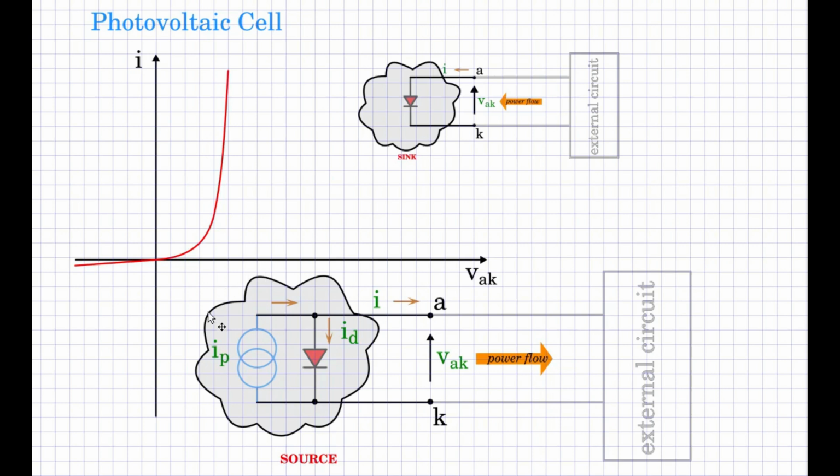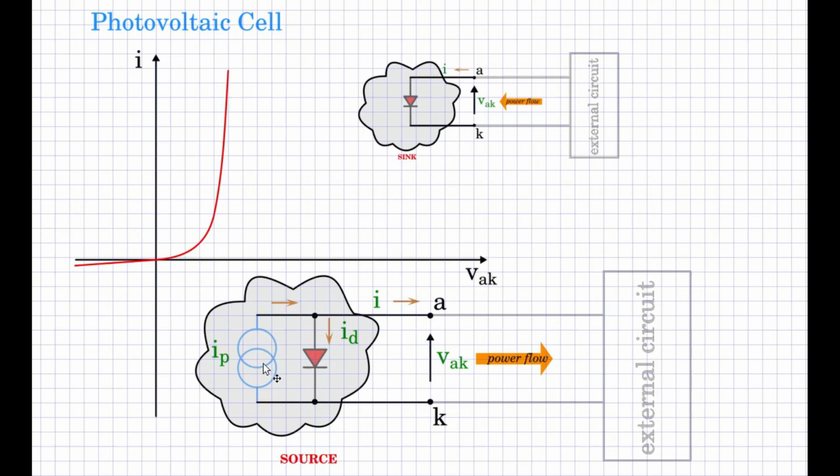So if you look at this whole block as a whole, the current flows out of the terminal, voltage is still retaining the same polarity, the power is flowing out of the terminal, and therefore this whole block acts as a source. This is actually the principle of the photovoltaic cell.